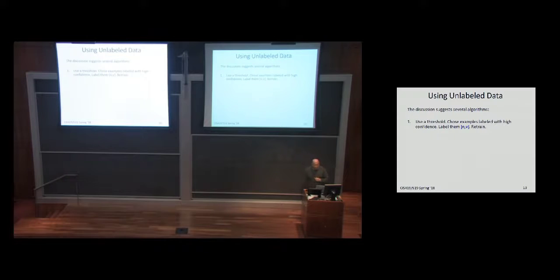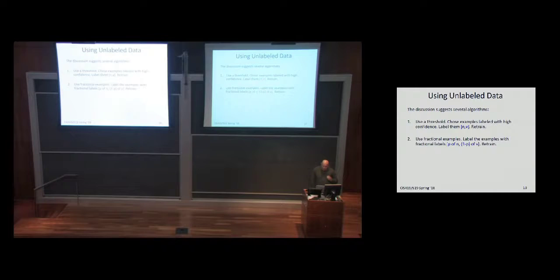Or I can take only those top 20 examples. I don't know whether any of them is going to be 0.8 or above, but I'm going to take the top 10 sorted by this confidence. So that could be an algorithm, and then I can iterate and retrain just as I said before.